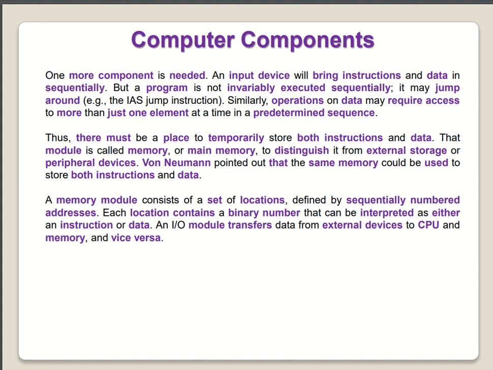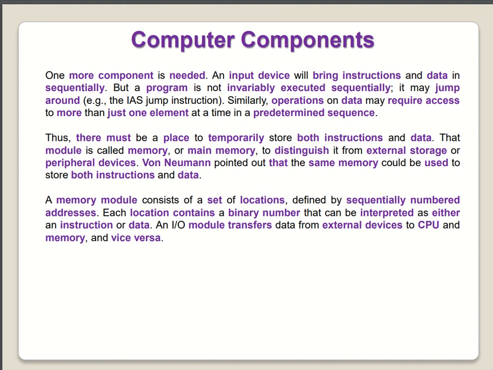John von Neumann pointed out that the same memory could be used for both instructions and data. So the main memory is going to hold the instructions and also the data. You don't have to have a separate memory for data and instructions. The same memory will have two segments. One segment will keep the instructions and another segment can keep the data.